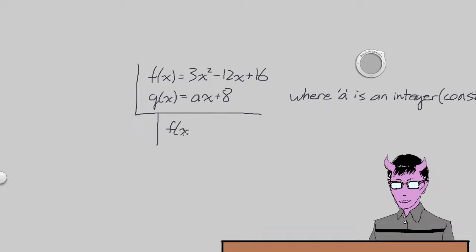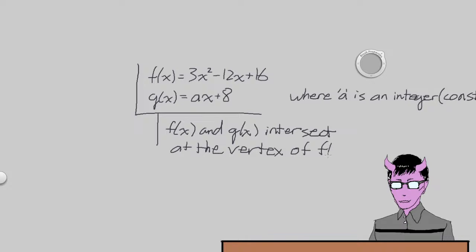F of x and g of x intersect at the vertex of f of x. That sounds really weird. Sure, and then we are asked to determine the value of f of a.